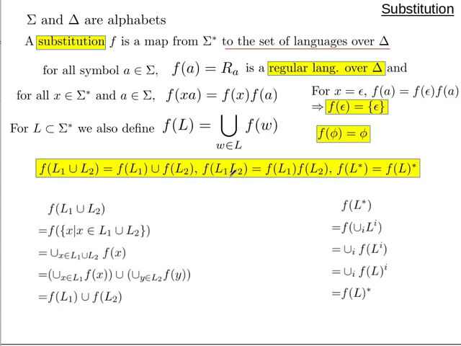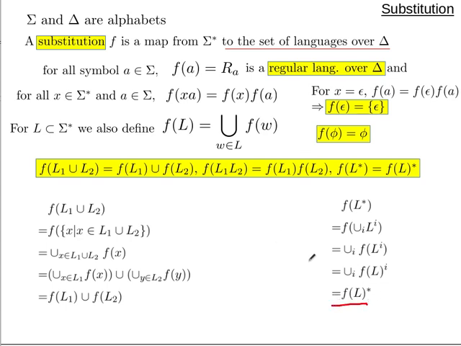So you can take L1 to be L2, and you can take multiple concatenation. So this tells you that f of Li is f of L to the i. So f of Li goes here, so that becomes f of L to the i, and if you take union, you get this thing.